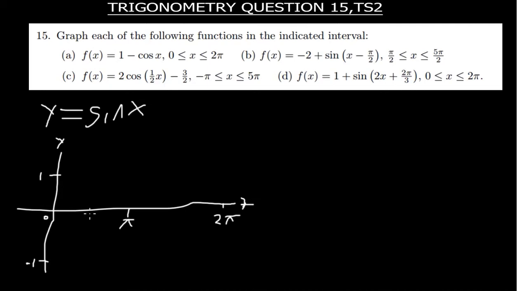So half of pi there is pi over 2, like that. And then there you have 3 over 2 pi.